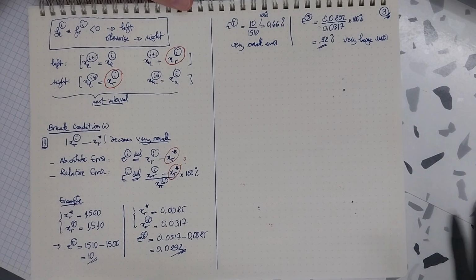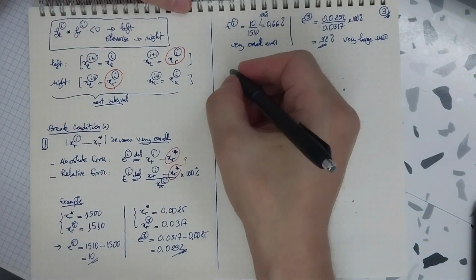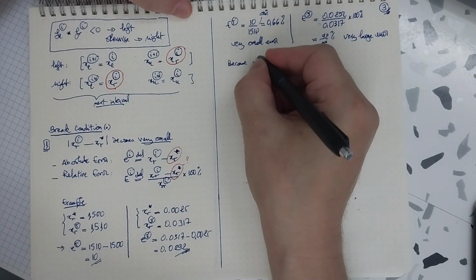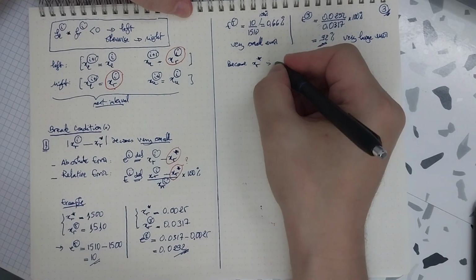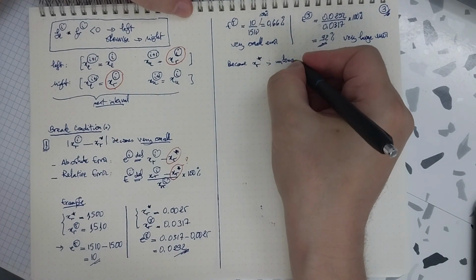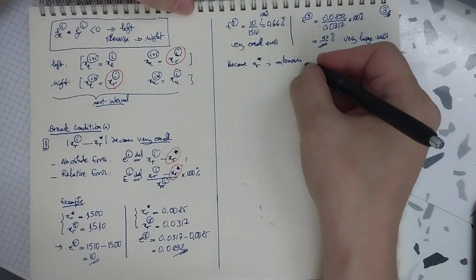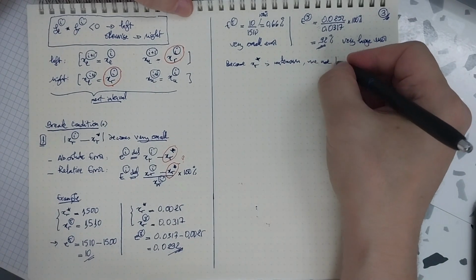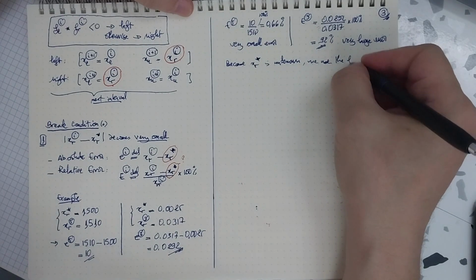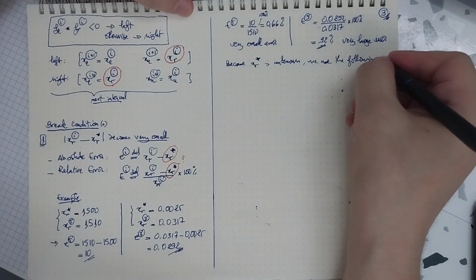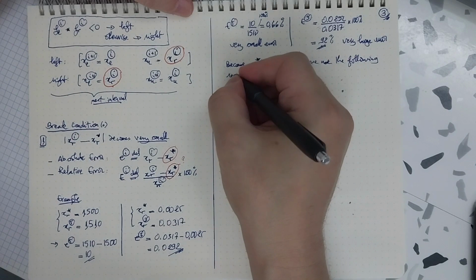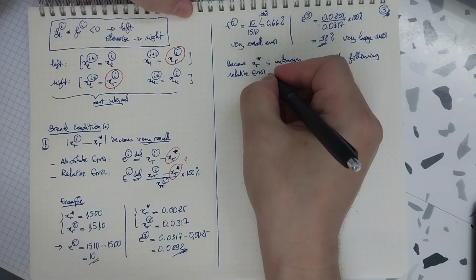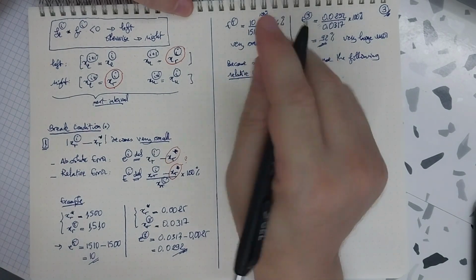Because XR star is unknown, we use the following relative error. It is a relative error, but slightly different.